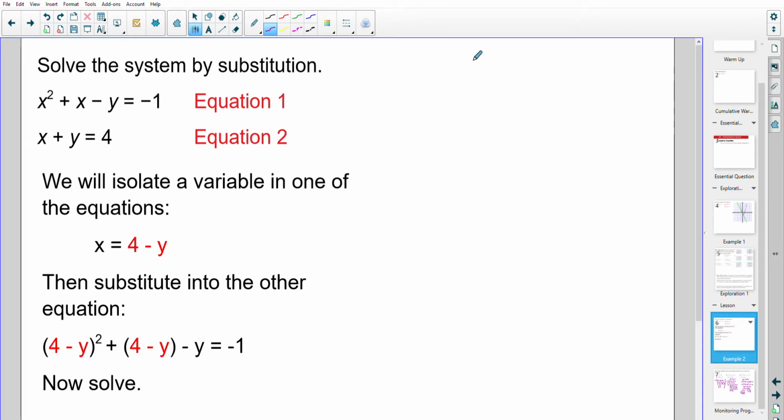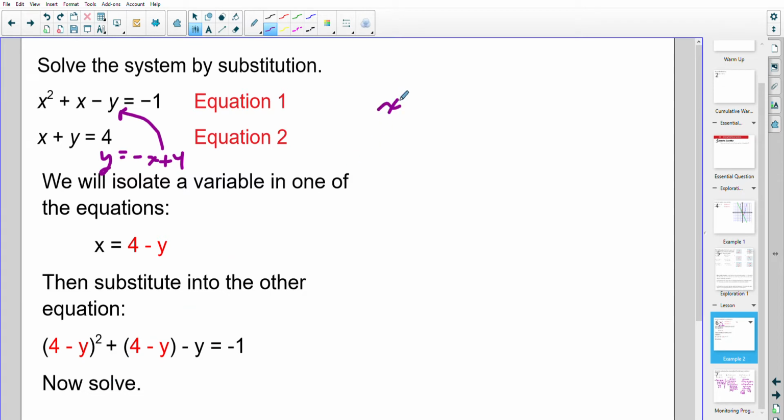Now, when you look at this problem, and it says solve by substitution, you have two equations. I don't like the idea of solving for x, although maybe that makes sense to you. What I would prefer is to solve for y and get negative x plus 4, and then just substitute that in for your y, so you don't have to use the FOIL.